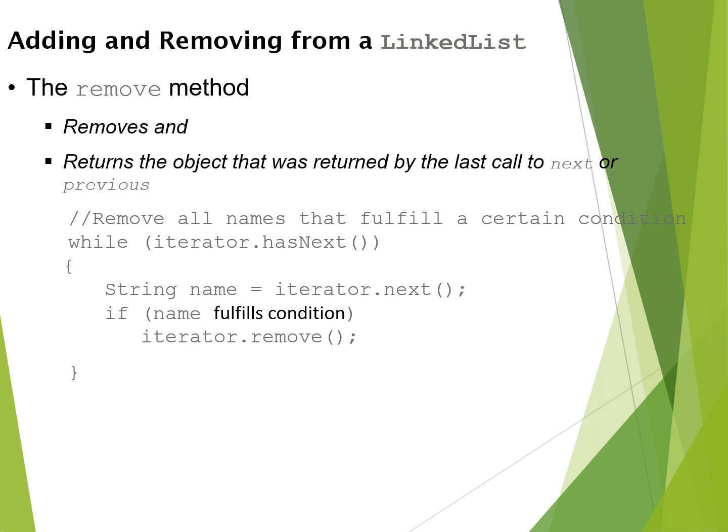So in the first step, you call the next method, and then you simply say if that string, for example, fulfills some condition, then call the remove method of the iterator. You can simply write iterator.remove. When you do this, it will remove the object that was returned by the last call to the next or previous method.